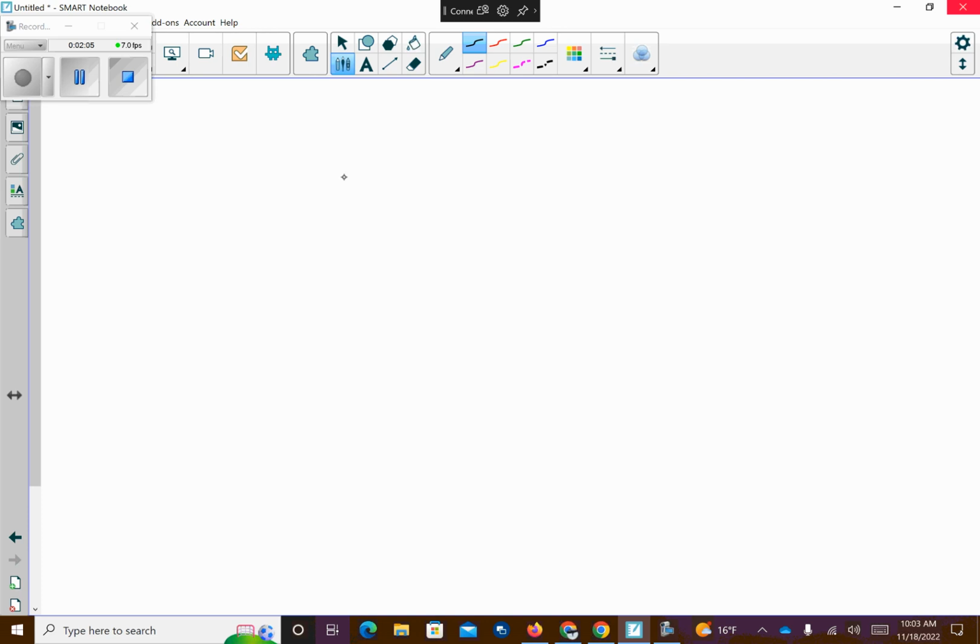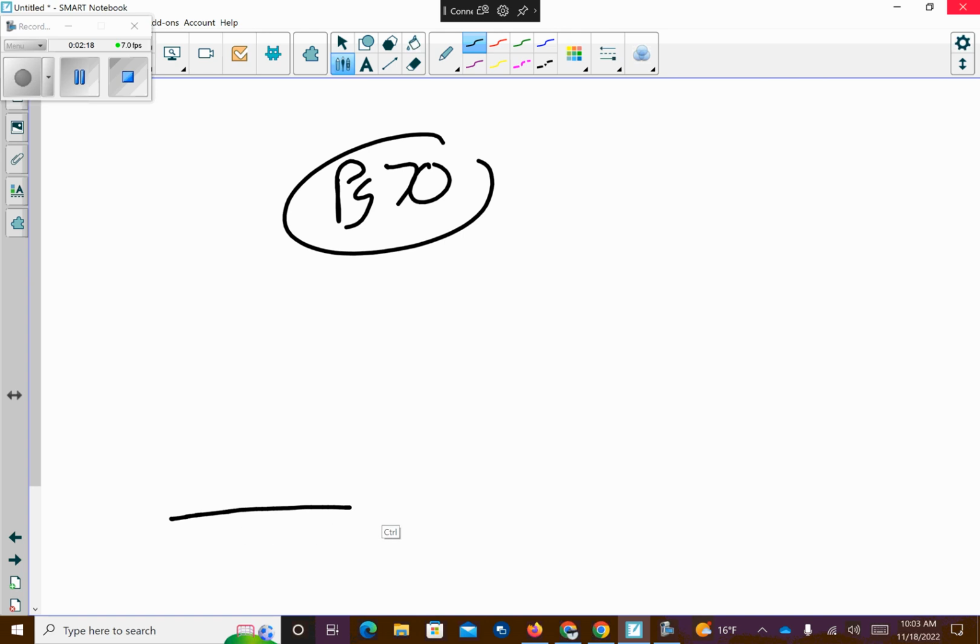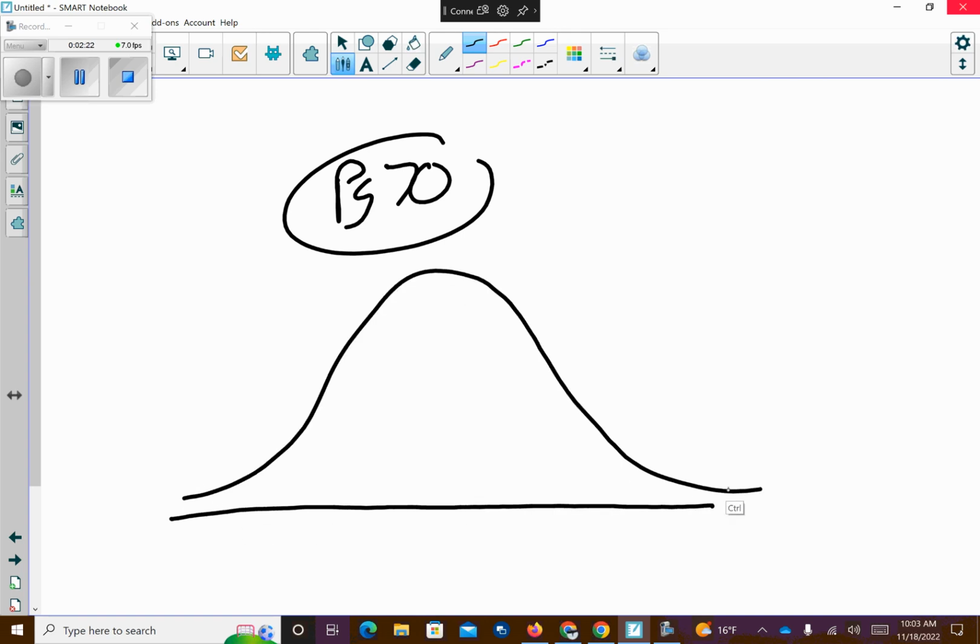All right, my friends, I am on page 70. This is pretty straightforward. We're finally getting into what they call the 68, 95, 99.7 rule. All this rule is, we have this normal curve, which is a bell curve. You have the mean here.